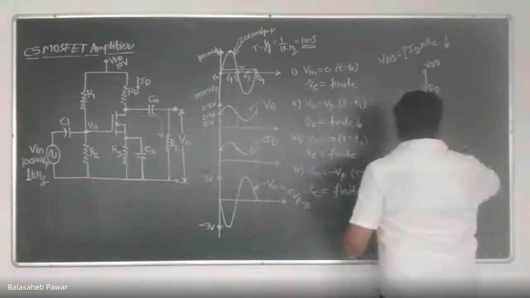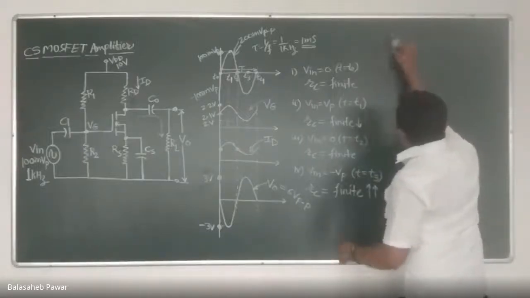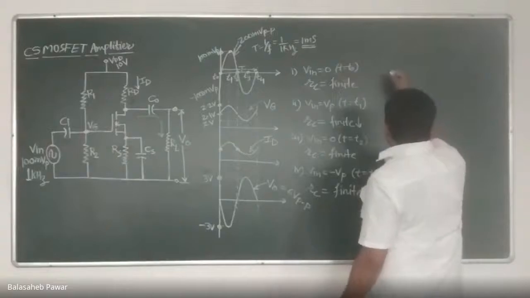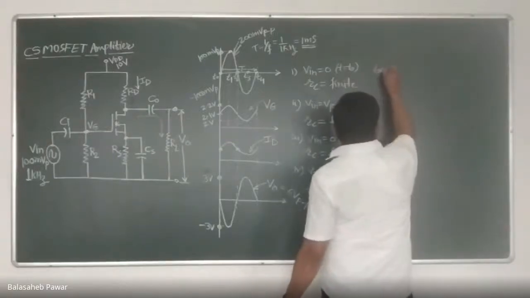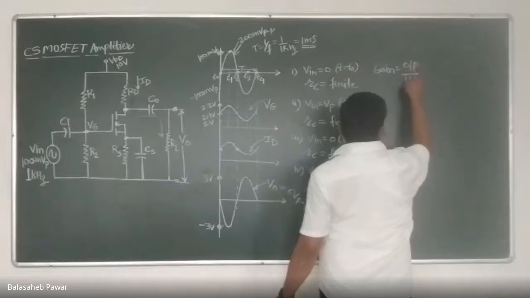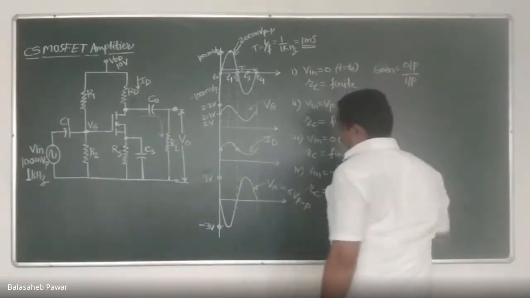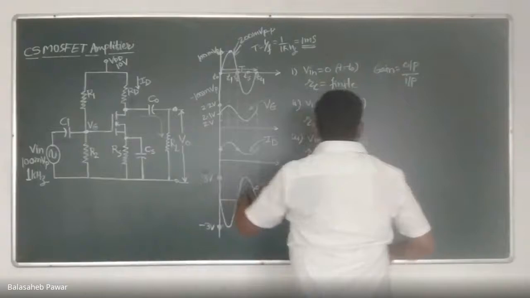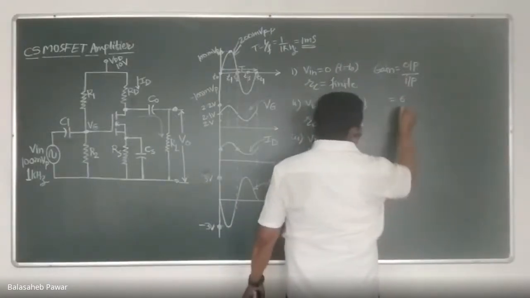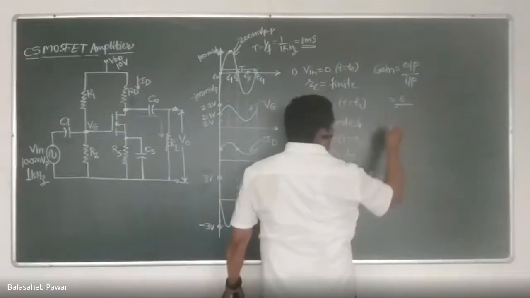So if we want to find the gain of this amplifier, what is gain in general? That is nothing but output divided by input, right? This is the gain. So in this case, how much is the output? It is 6 volts divided by how much input we applied?